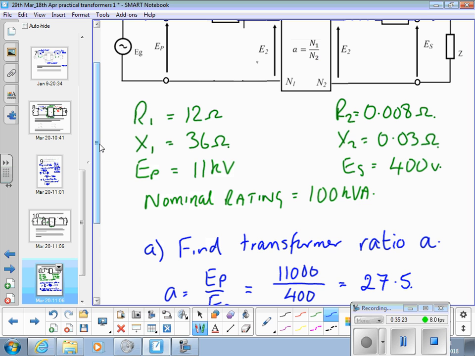No, we haven't got that. It's not Q. It's S. Nominal rating S is equal to 100 kVA. What's important about that?